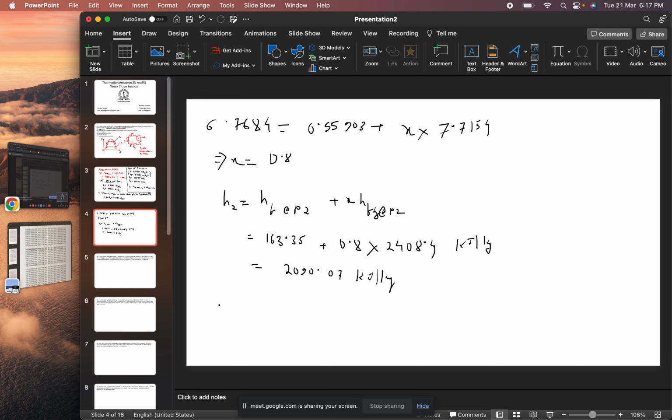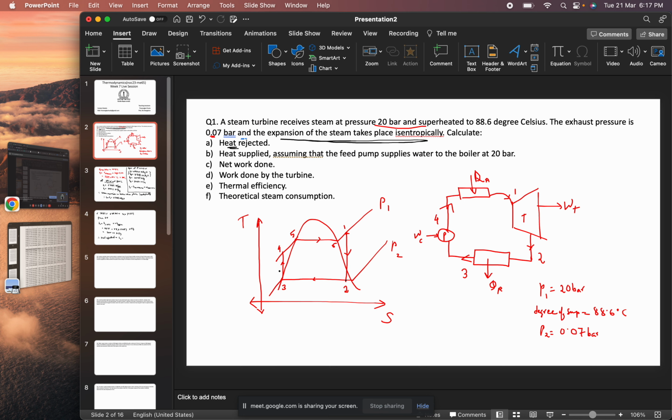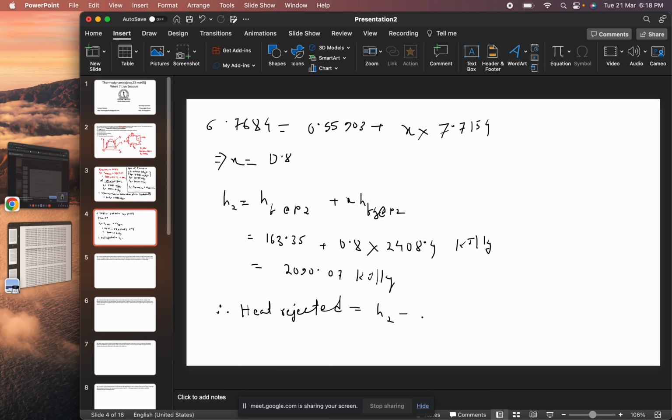Therefore heat rejected is equal to H2 minus H3, and this H3 is nothing but HF at P2.